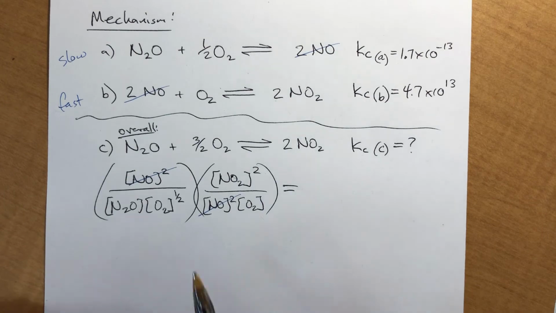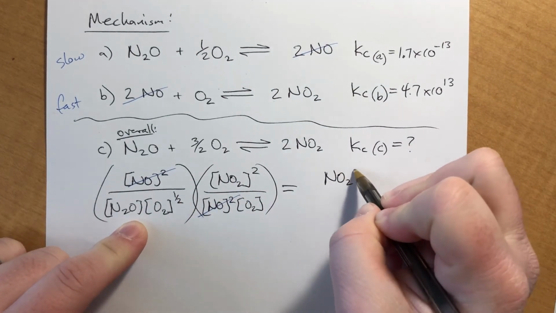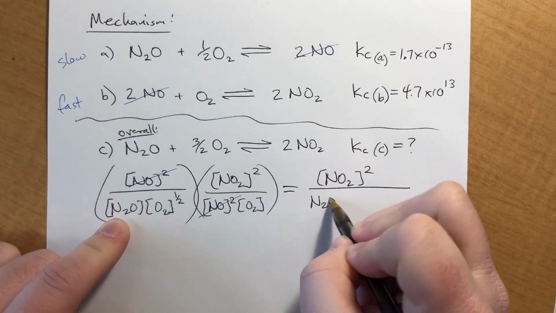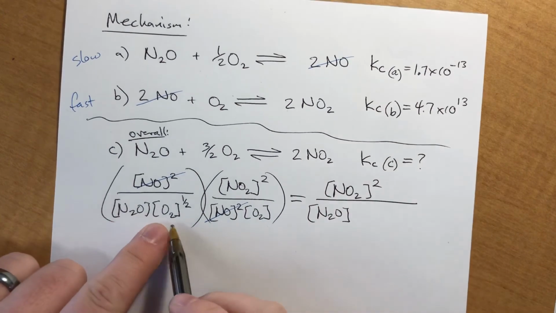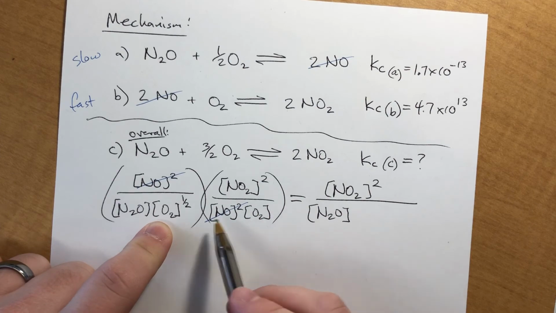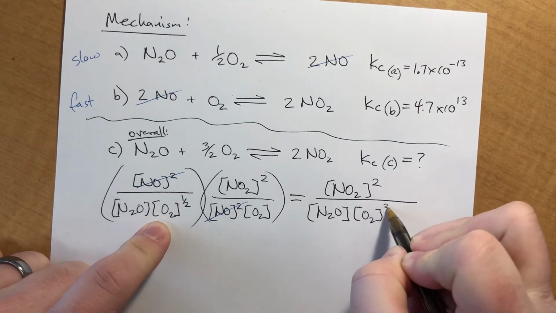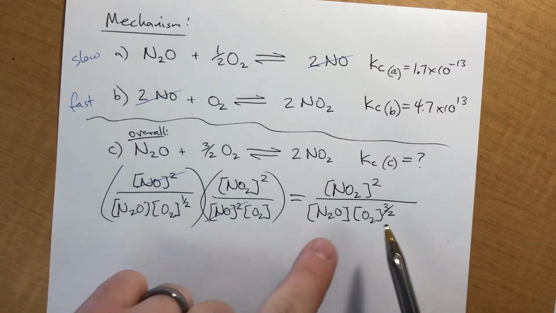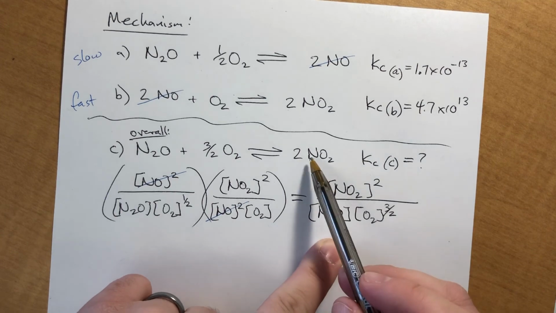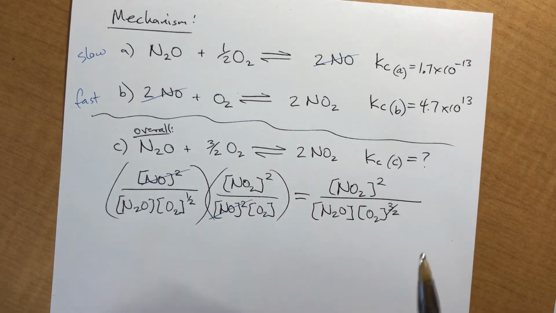So, if we add up what we've got left, we have NO2 squared, N2O on the bottom, and then we have O2 to the 1/2 times O2. So basically you would add the exponents, so it's O2 to the 3/2. Which, if you look, this is the Kc for reaction C. It's basically this squared divided by this to the 3/2.